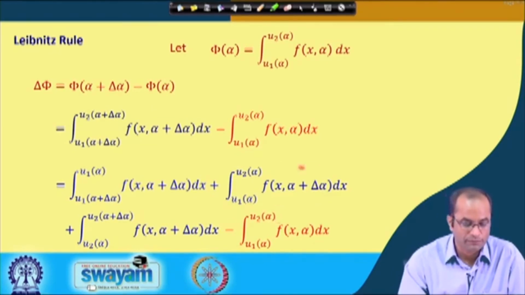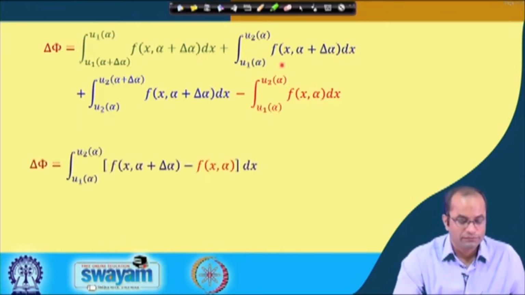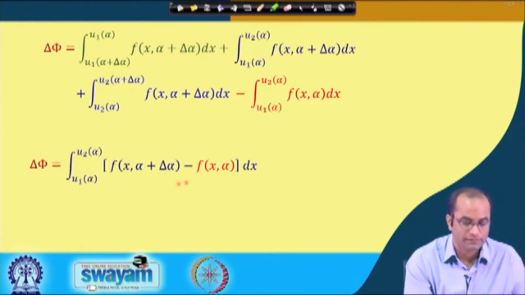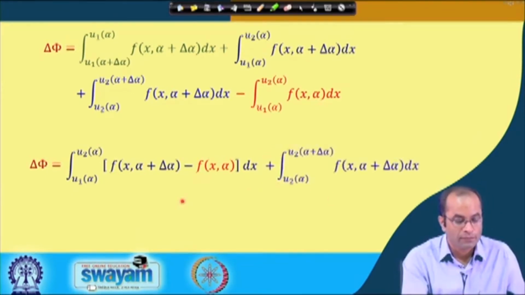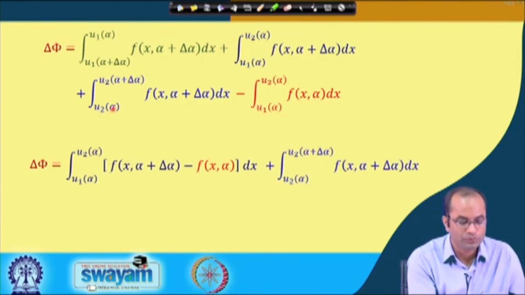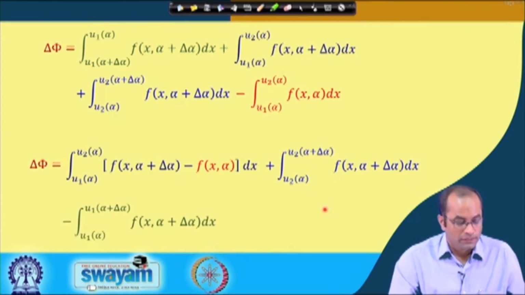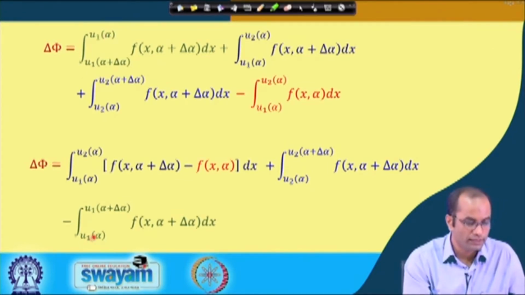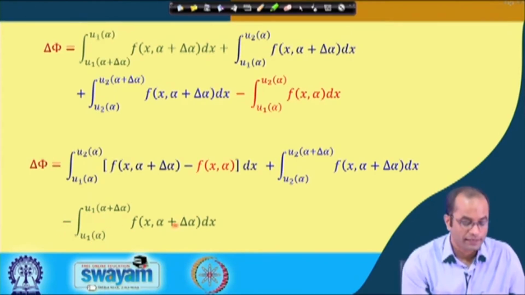Combining these terms, we get the integral from u 1 to u 2 alpha of the difference of the integrand, f x alpha plus delta alpha minus f x alpha dx, plus this term from u 2 alpha to u 2 alpha plus delta alpha of this integrand, minus this one where the limits are reversed: u 1 alpha to u 1 alpha plus delta alpha with the negative sign of f x alpha plus delta alpha dx.